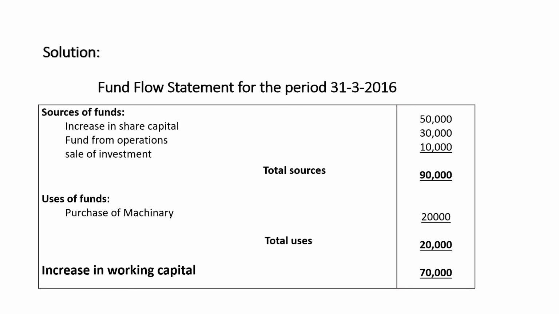Deduct the application of fund from the sources of fund, that is deduct 20,000 from 90,000, then we get 70,000, which is treated as increase in working capital during the year.